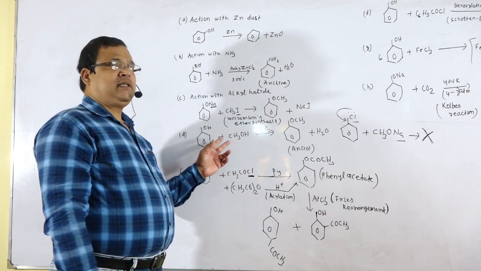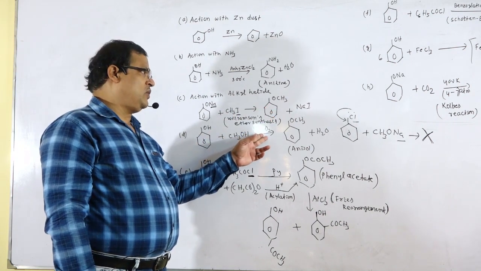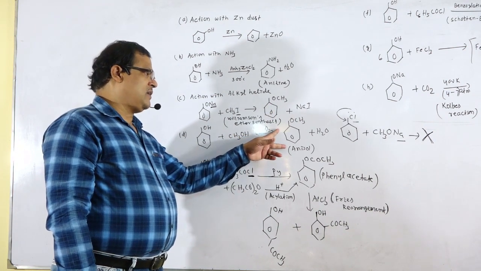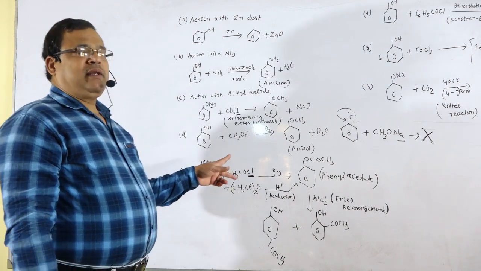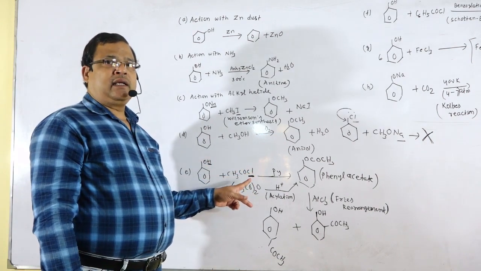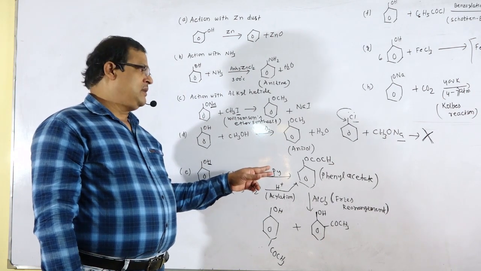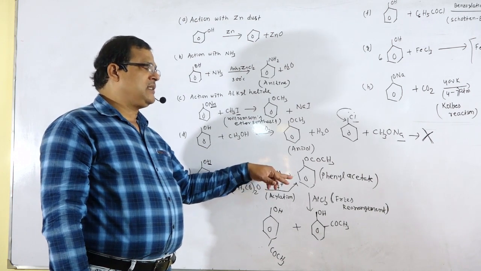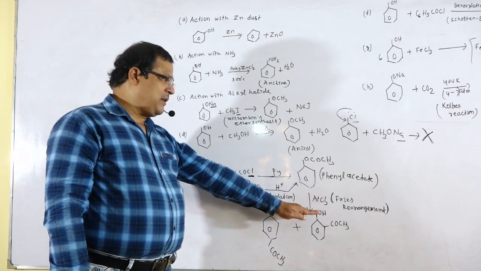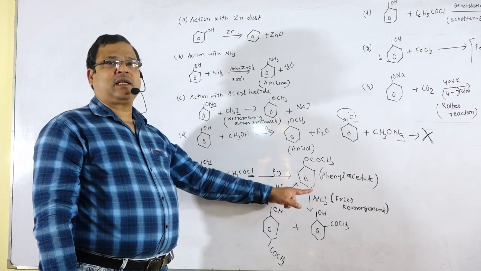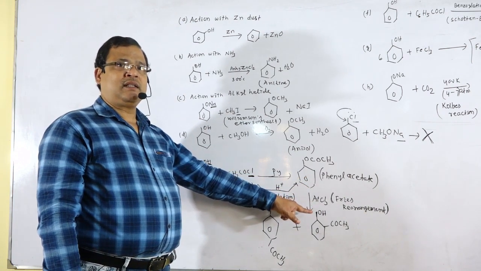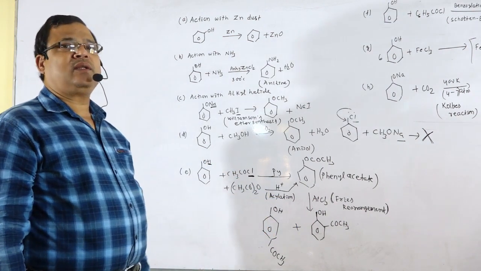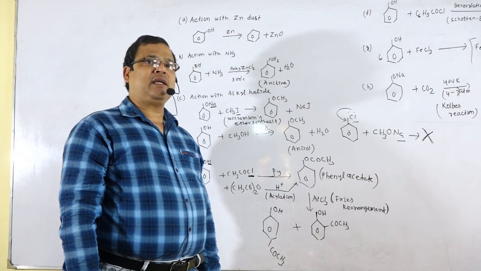Phenol treated with alcohol in presence of thorium oxide, a dehydrating agent, gives aromatic ether. Phenol with acid chloride or acetic anhydride gives phenyl acetate. And this is another part of the reaction: phenyl acetate, when treated with AlCl3, gives orthohydroxy acetophenone or parahydroxy acetophenone, and that reaction is known as Fries rearrangement reaction.